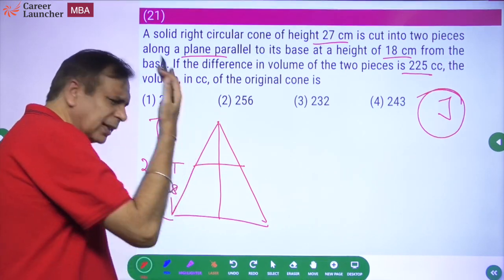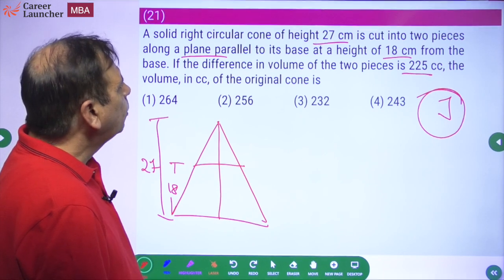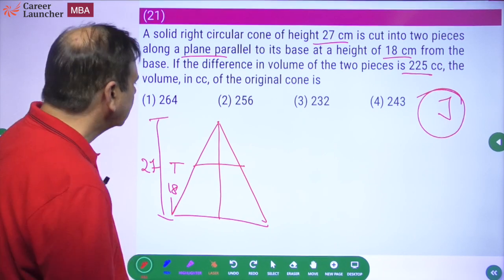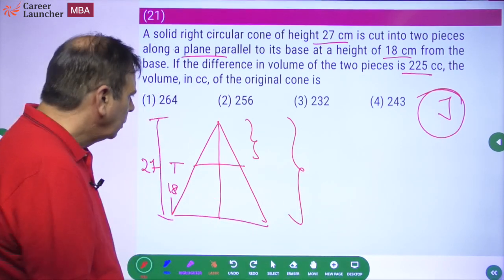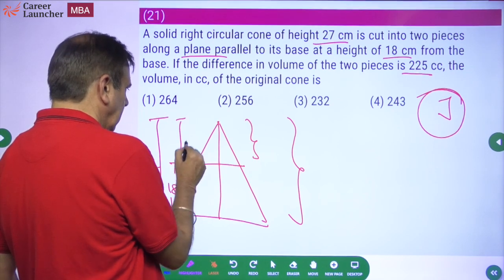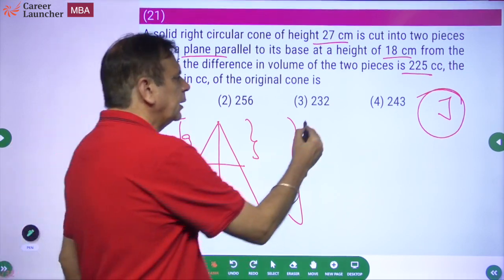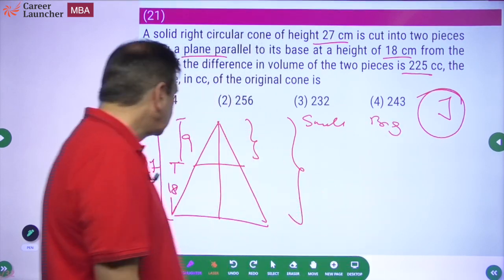The difference in the volume of two pieces. Now let us look at this small cone and the bigger cone. What is this height? This is 9. So if you look at the small and the big cone, what is the ratio of sides?